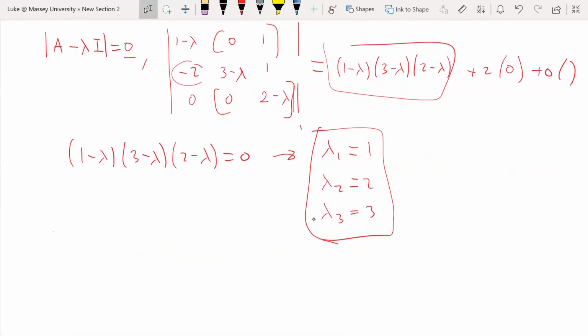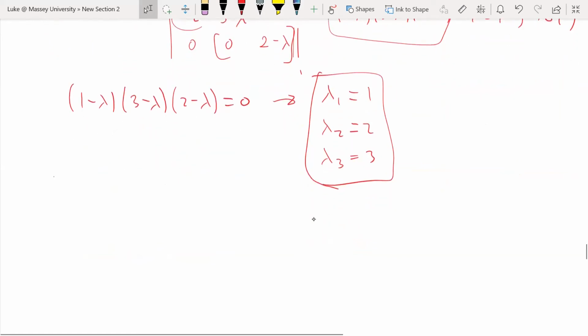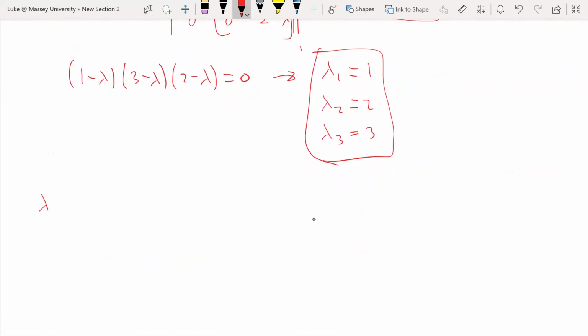So now I've got 3 real distinct eigenvalues. I know that I can then find 3 distinct eigenvectors. So let's do this for lambda 1. I have to solve the equation A minus lambda 1, so 1 times I, times the eigenvector k1 equals the 0 vector.